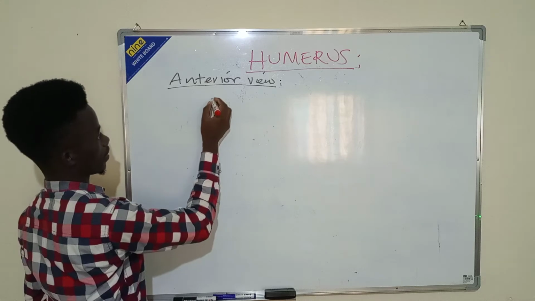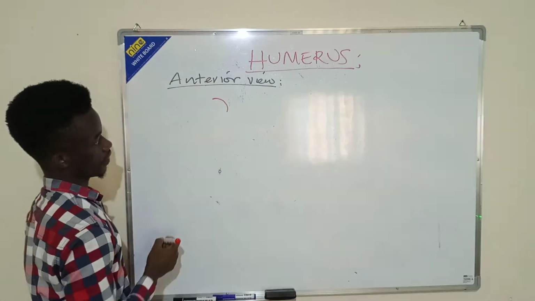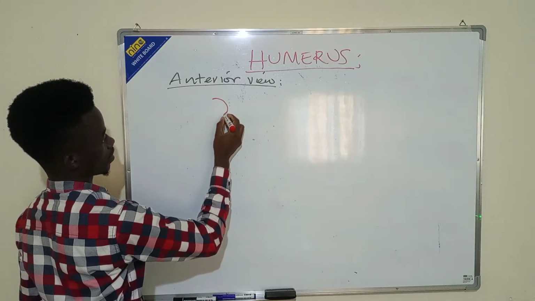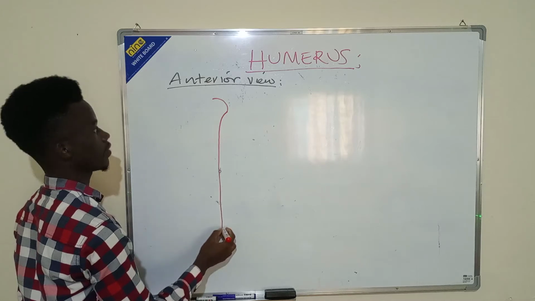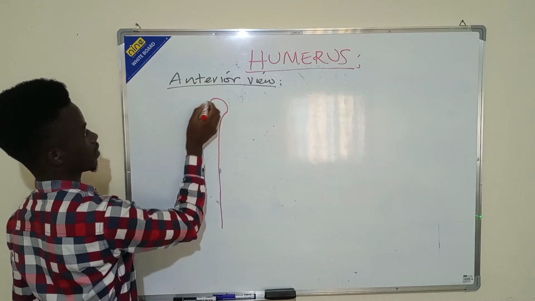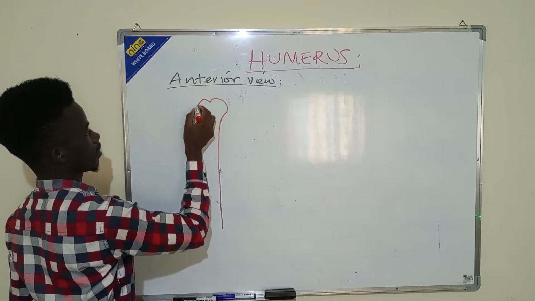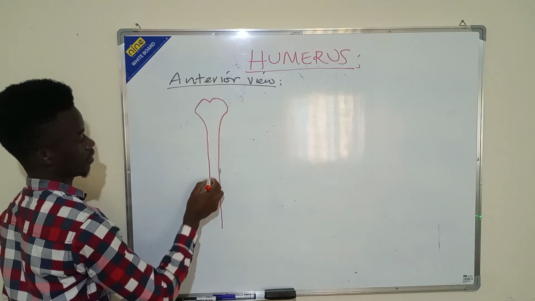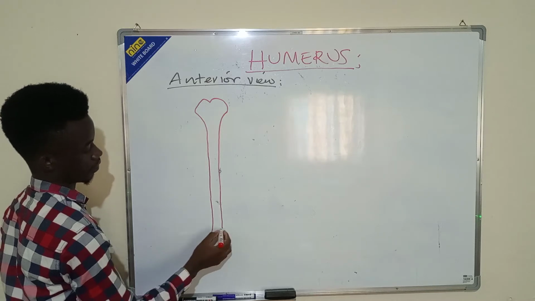You realize that we have that half spherical head, giving rise to a small constriction, which gives rise to the body of this bone known as the shaft. The narrow constriction gives rise to the greater tubercle, leading to the body of the humerus bone.